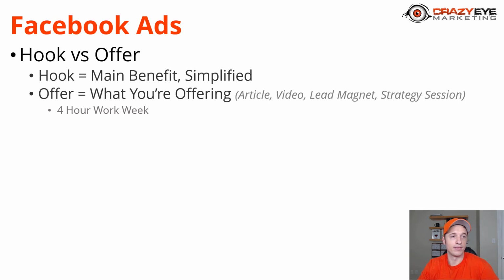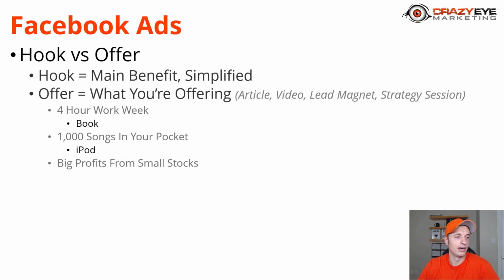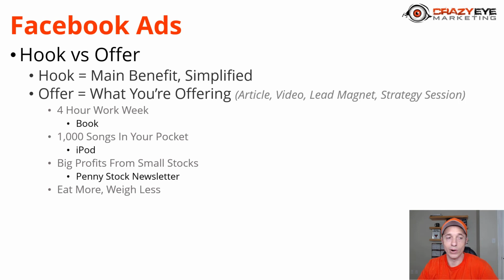For instance, 4-Hour Work Week is the hook, and the offer is the book that you can buy. 1,000 Songs in Your Pocket is the hook, and the offer is the iPod. Another hook is Big Profits from Small Stocks, and the offer is a Penny Stock Newsletter. And then we've got Eat More, Weigh Less as the hook, and the offer is a training newsletter.